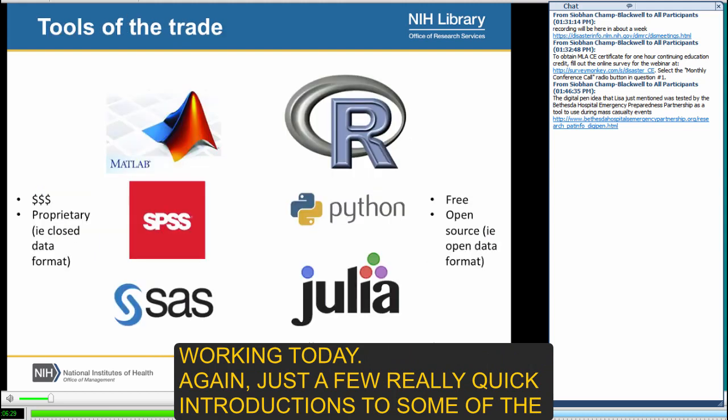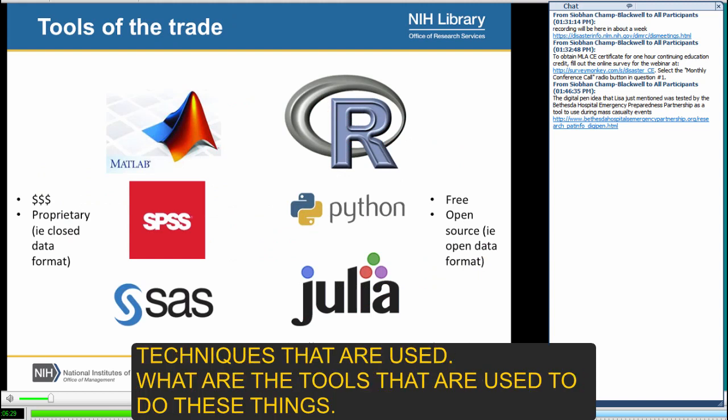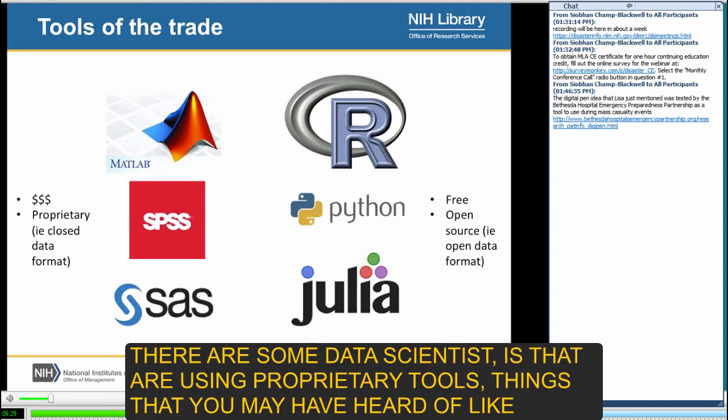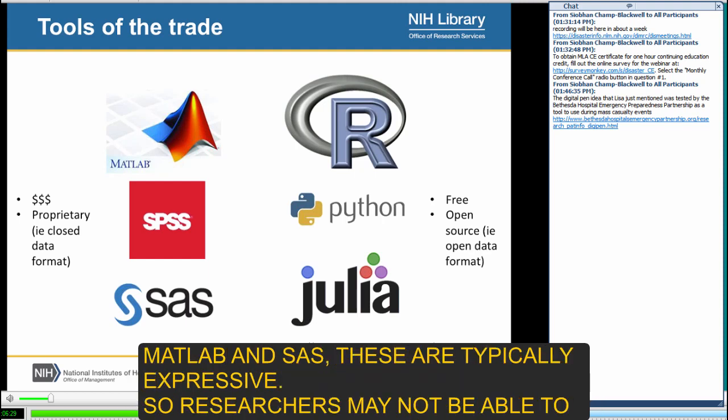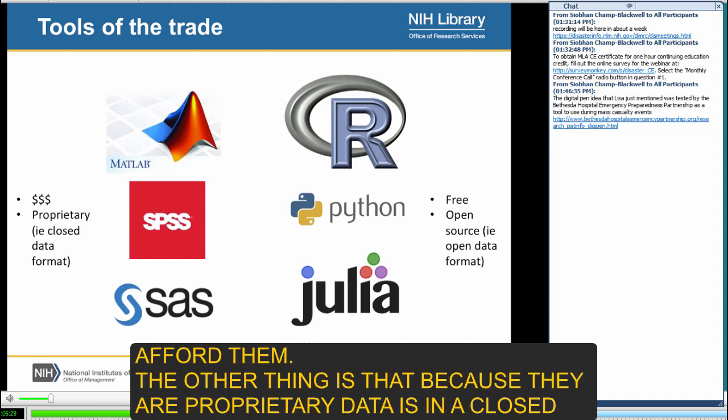So again, just a few really quick introductions to some of the techniques that are used. What are the tools that are used to do these things? There are some data scientists that are using proprietary tools, so things that you may have heard of like MATLAB and SAS and SPSS and Stata. These are typically expensive, so researchers may not be able to afford them for their lab.